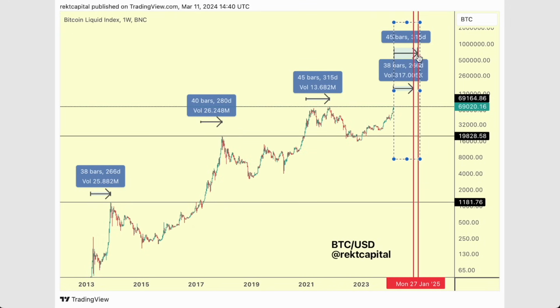Rather than trying to time the absolute peak, it's best to try and dollar cost average within this window, and maybe even earlier if you want to be on the safer, more conservative side, while still acknowledging that maybe you lose some gains along the way, but you lock in those profits that you've made throughout the entire cycle.